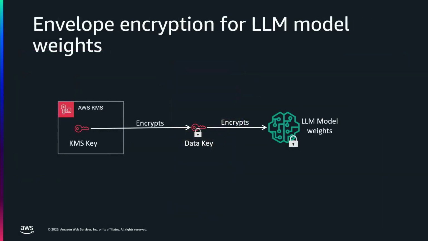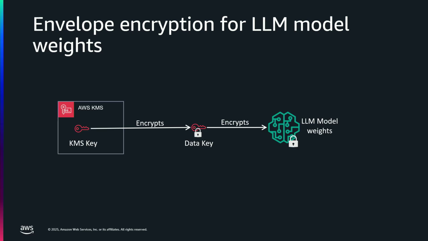The first and foremost: as a model owner, you would want to encrypt your LLM model weights. We call it envelope encryption, using AWS KMS or your own key management system, before you publish it to the other party. If you recollect, we started off with the problem statement saying that instead of asking your customers to send their sensitive data to you, why don't you invert the deployment topology, where you package up your LLM model weights in such a way that they can be deployed in your customer's AWS account, at the point of consumption?